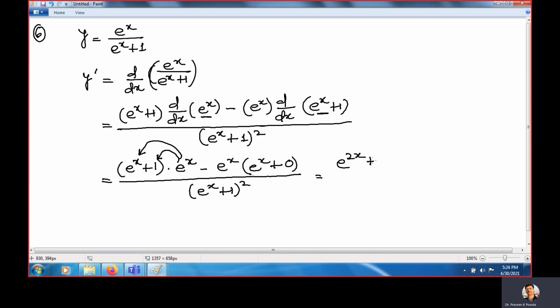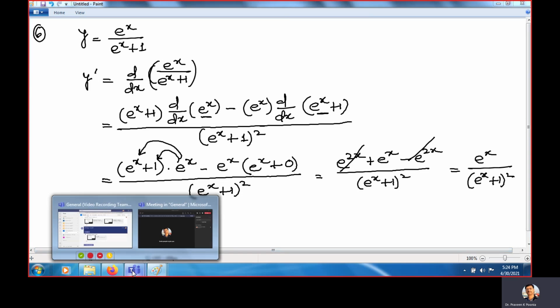Now plus 1 into e^x, it is e^x, minus e^x plus 0 is e^x. e^x into e^x is e^2x upon e^x plus 1 whole square. Now this term cancelled. So what you are getting? e^x upon e^x plus 1 whole square. This is how we evaluate the derivative of quotient functions.